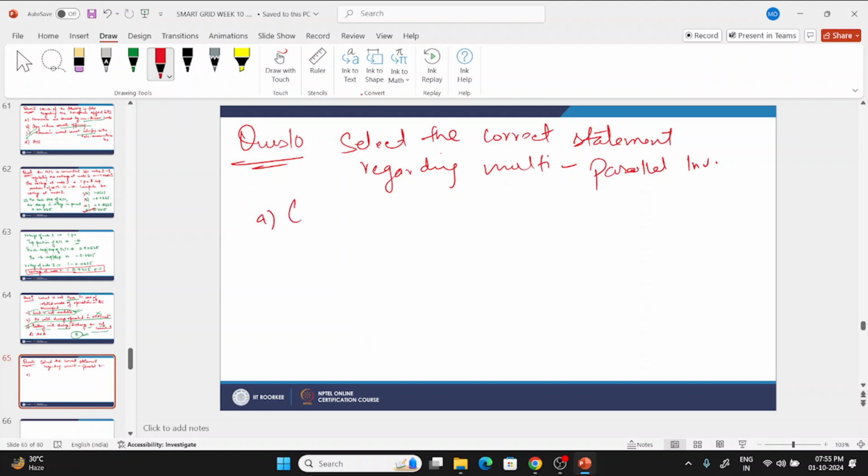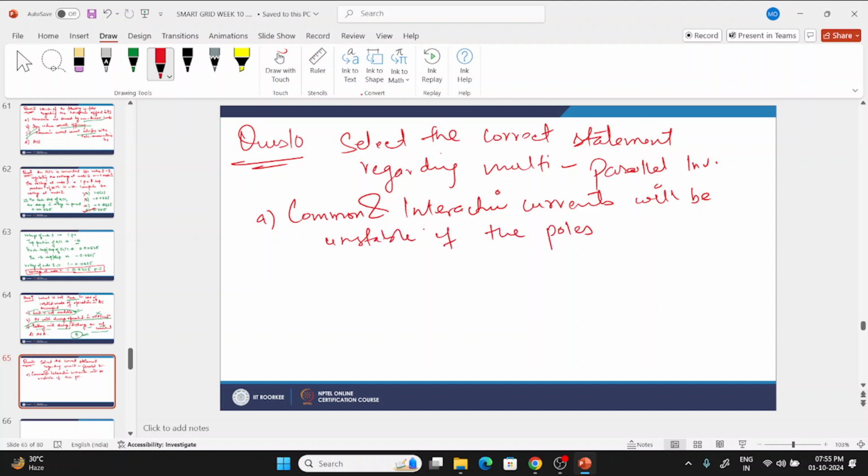A. Common and interactive currents will be unstable if the poles of their characteristic equation lies in the right half of plane.